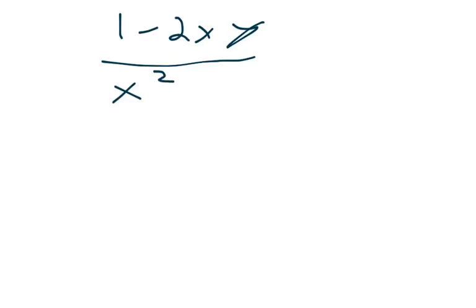For part D of question 4, it asks to find the second derivative of the equation 1 minus 2xy over x squared plus y, which is dy over dx.